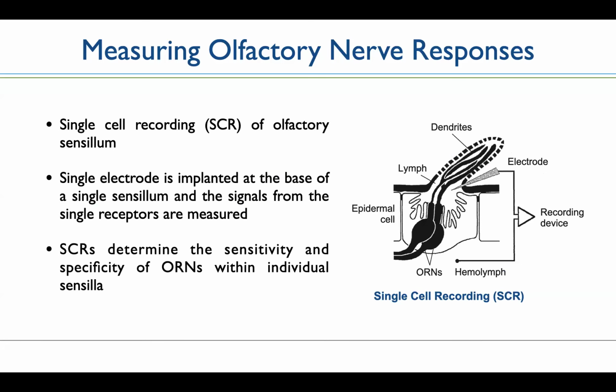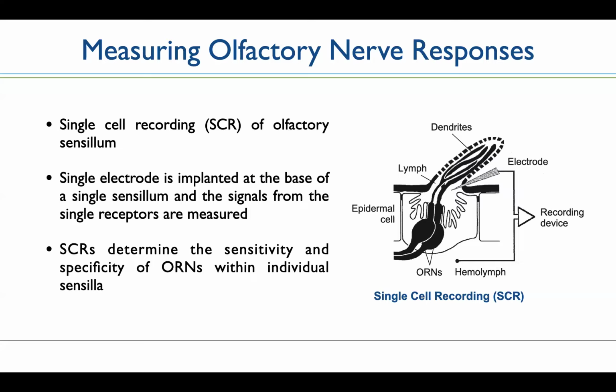So what Gwen was talking about, single cell recording or single sensillum recording, you can do this with both olfactory and gustatory receptors. You can do the EAG with them too. So you can replace that antenna with legs as well, or mouth parts, or proboscis, for example, you can do the same thing with.